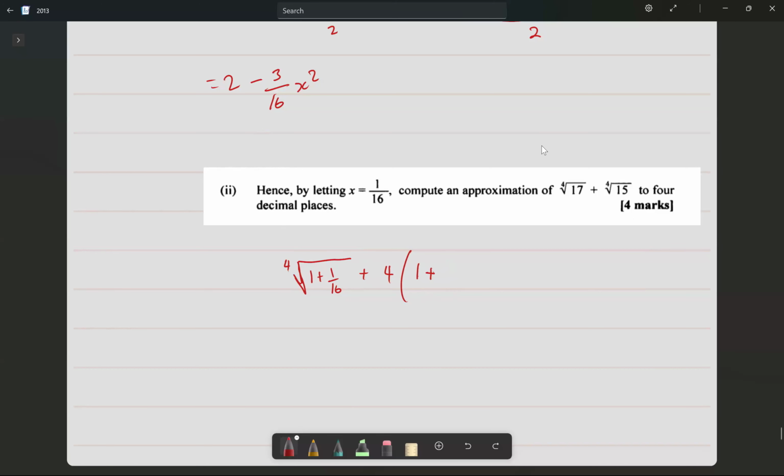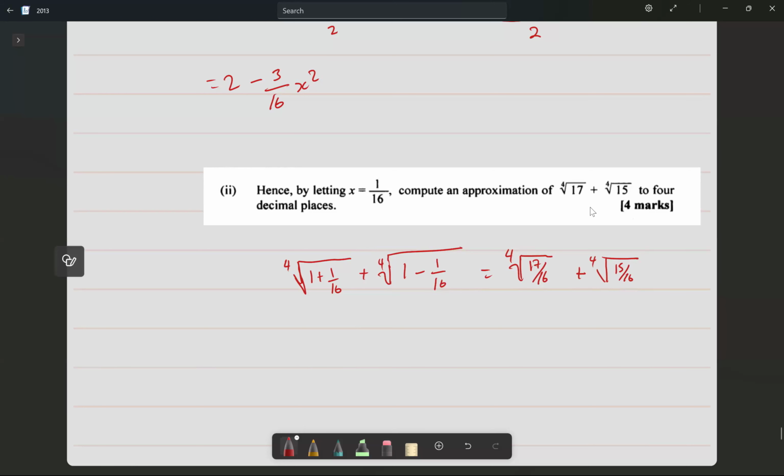Okay, hold on. 1, 16, 17, 15. Oh, okay, it's 1 minus. That's why. And this one is now to the fourth root, 1 minus 1 over 16. So then we have 17 over 16 to the fourth root plus 15 over 16 to the fourth root.